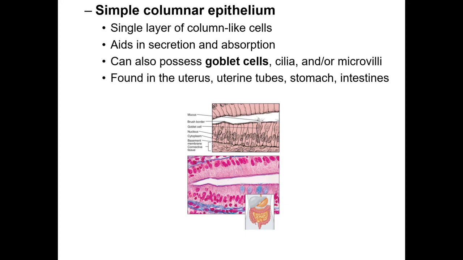We also said that there are cilia and microvilli, and these items can increase surface area, which aids in absorption. And since we see this in the intestines, that would make sense because our intestines absorb a lot of nutrients.